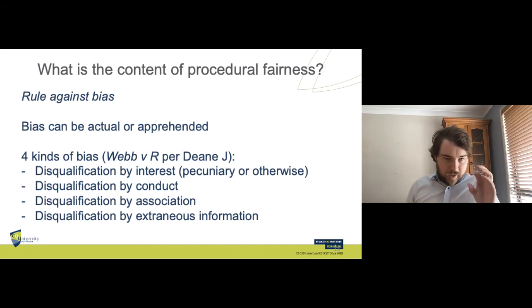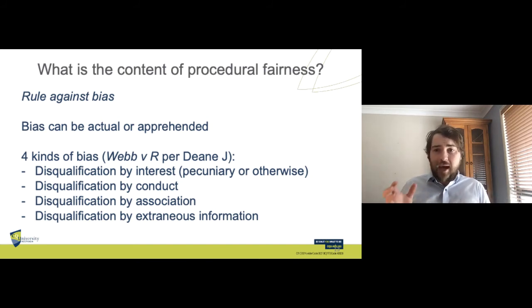A person might not actually be biased, but if the general perception in the community would be that this person might not resolve the issue with a fair and unprejudiced mind, and someone might reasonably suspect that, then that would violate the rule against bias, even if the decision maker is not necessarily biased themselves.